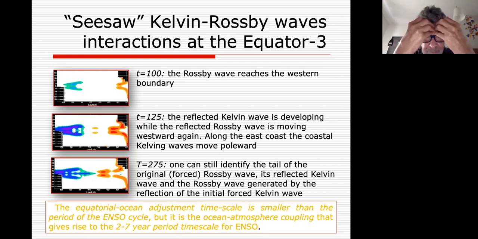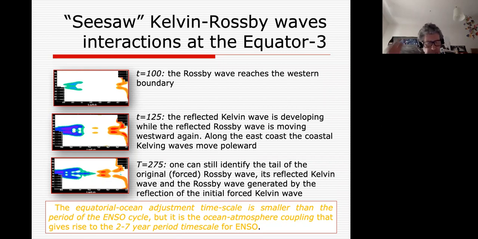We see here that the system is quite effective and probably faster than reality in propagating waves along the basin. The equatorial ocean timescale adjustment is quite smaller compared to the period of ENSO.